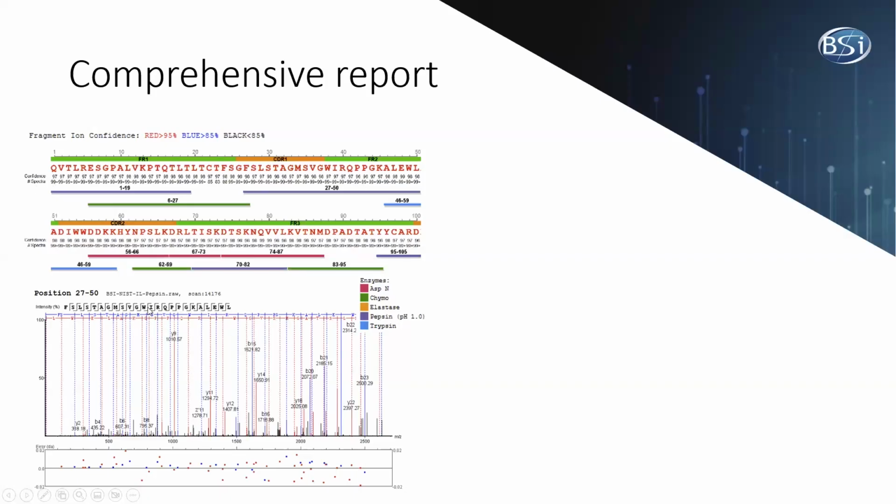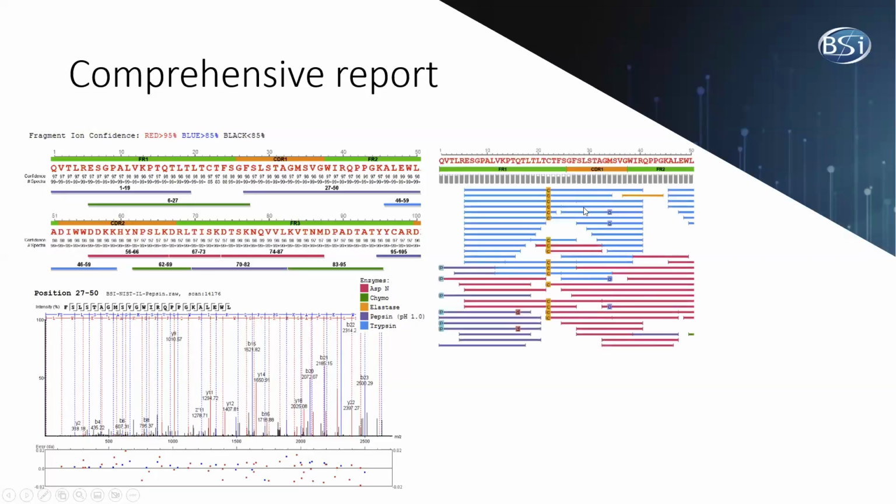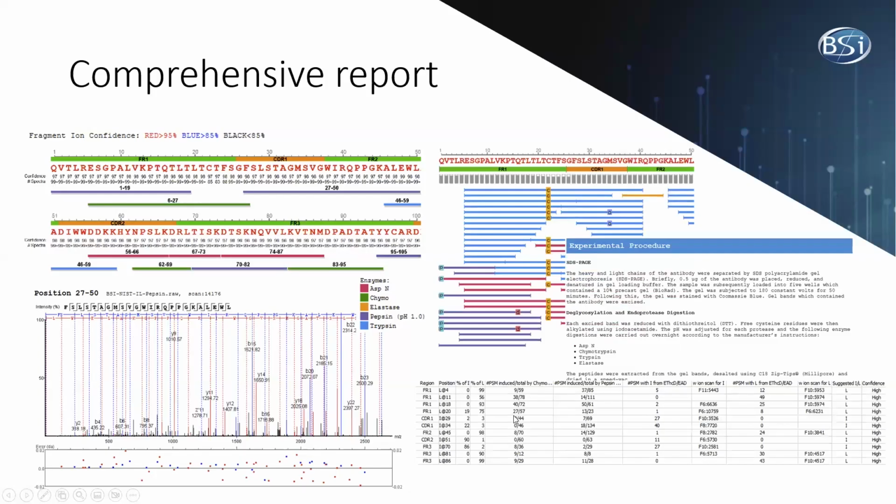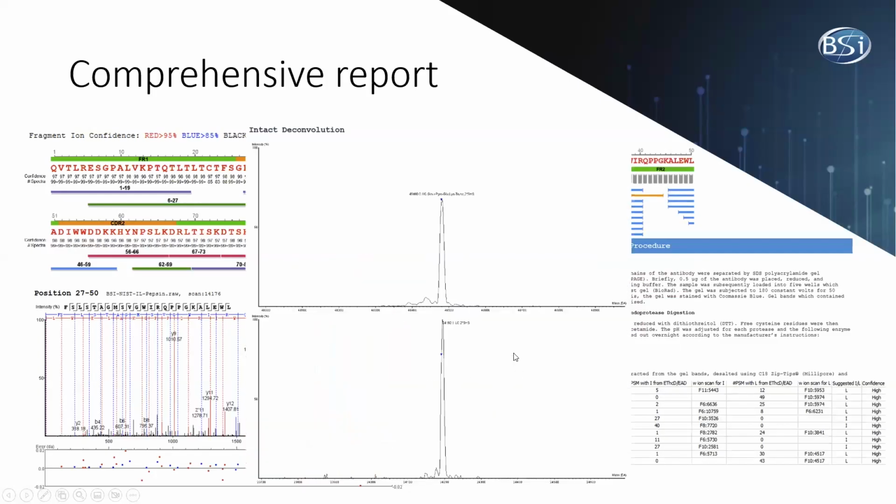You can select which spectra you'd like to export into the report, the peptide mapping view, a brief experimental procedure, the IL statistics table, and then what's new with PeaksAB 3.5 is you can also export this intact mass figure showing that we've matched the theoretical mass of the sequence to the measured intact mass.